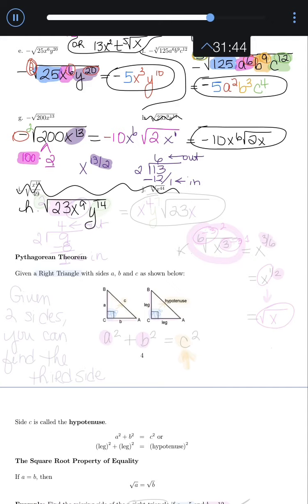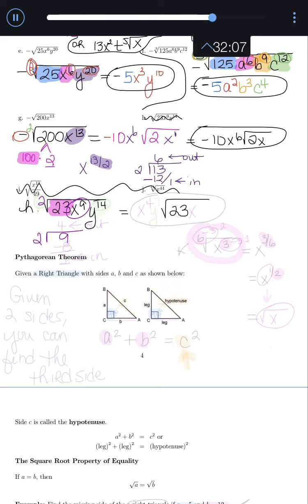Now, the problem with the 23 is 23's prime. You can't break it down at all, so that 23 is going to have to stay inside of that square root no matter what. However, the square root of x to the 9th can be broken down a little bit because 2 does divide into 9.